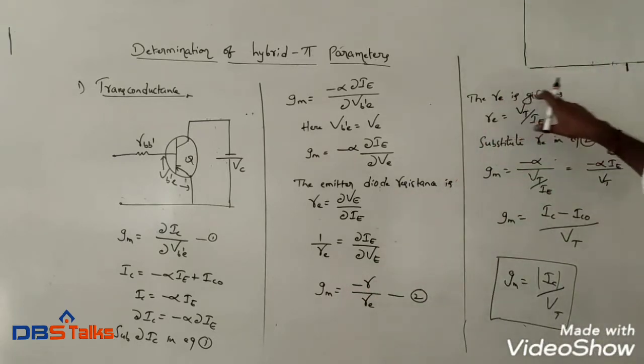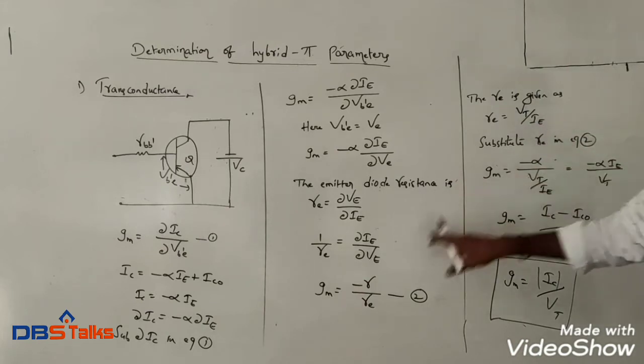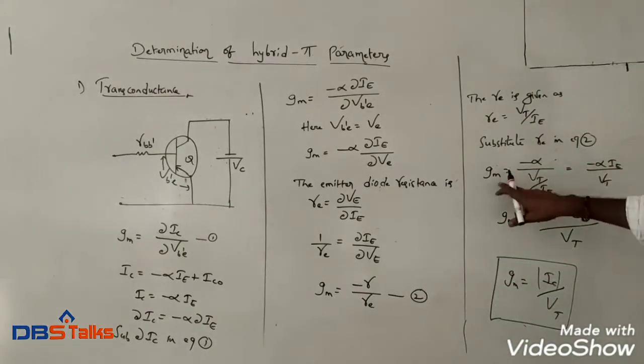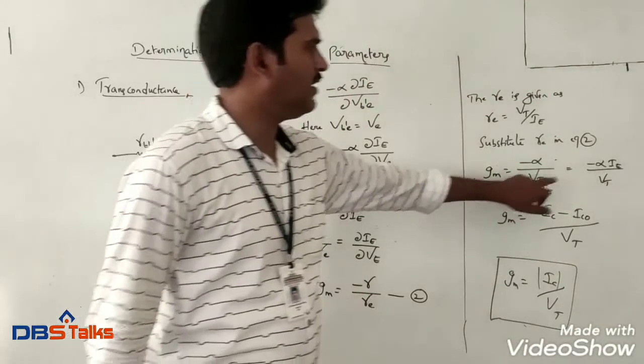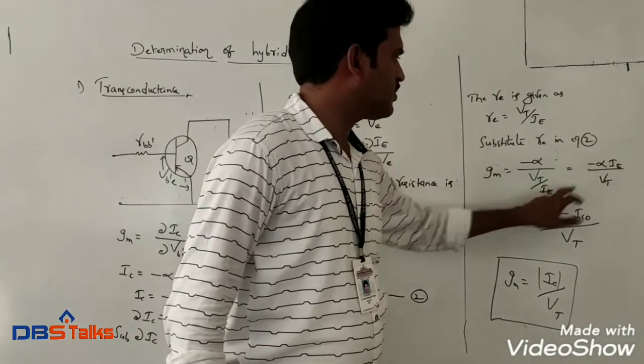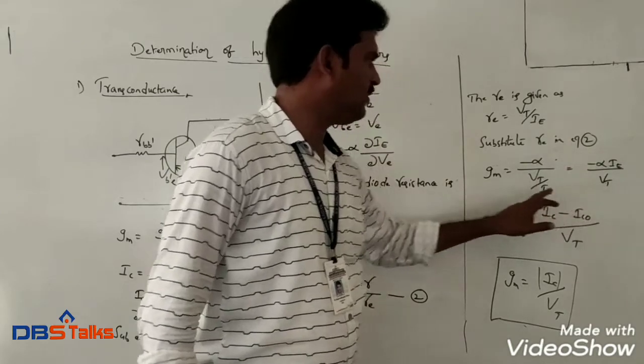Here RE is given as VT by IE. Substitute this RE in equation 2, and gm equals minus alpha by VT by IE. So it becomes minus alpha IE by VT.